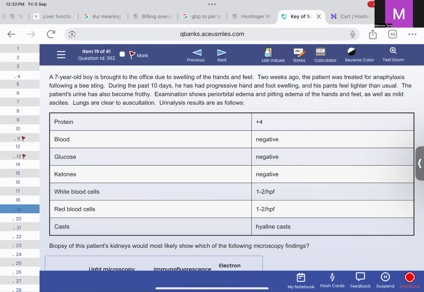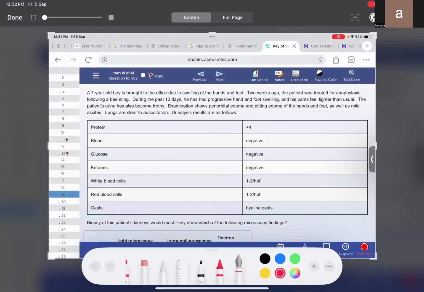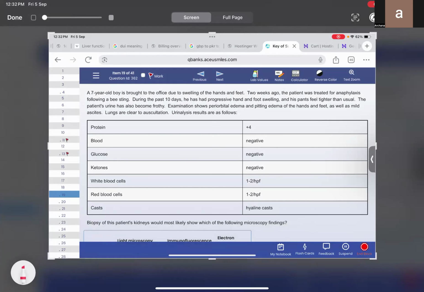A 7-year-old boy is brought to the office due to swelling of hands and feet. Two weeks ago, the patient was treated for anaphylaxis following a bee sting. During the past 10 days, he has had progressive hand and foot swelling, and his pants feel tighter than usual.